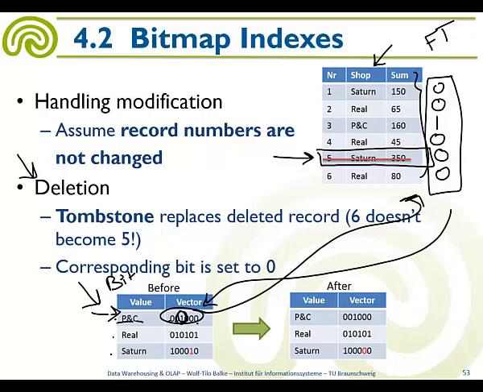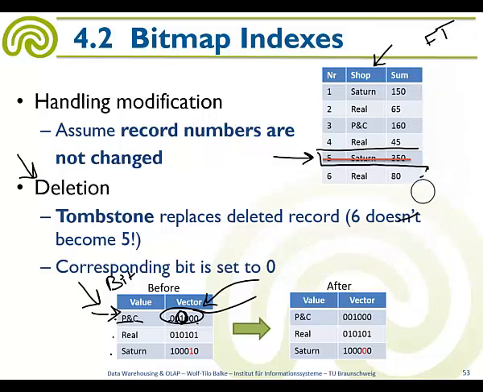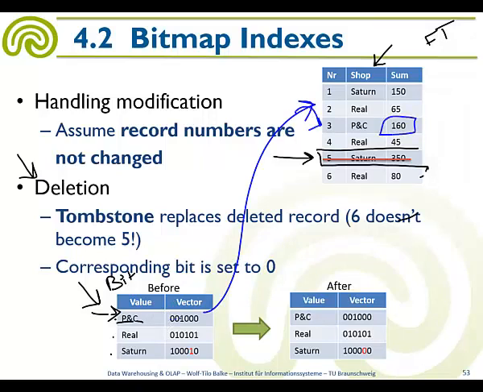If that query came, I want to know the sum of the sales, you just go to the fact table to tuple number 1, 2, 3, here, and you get the sum. Very quickly. You just need to look at the bitmap vector.